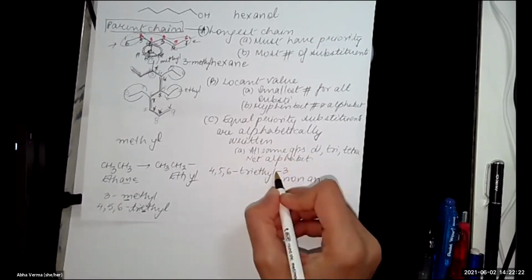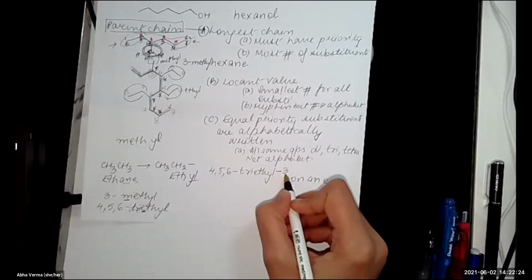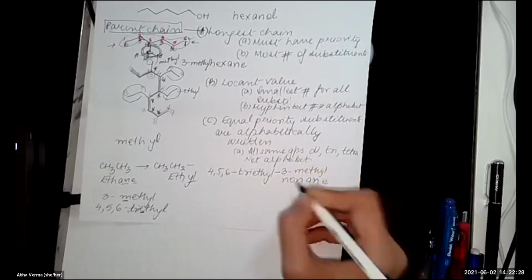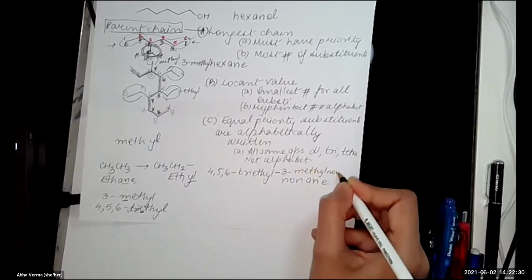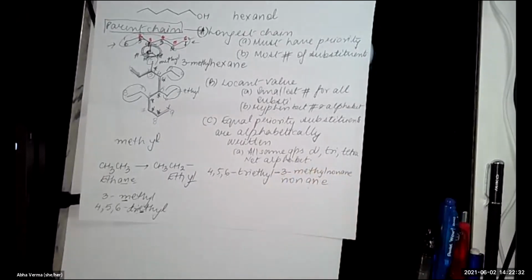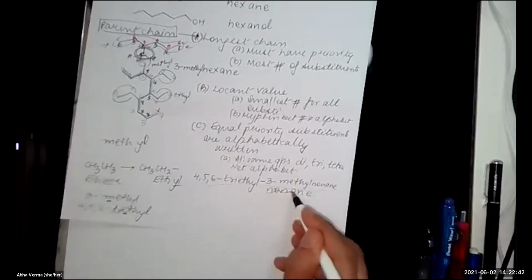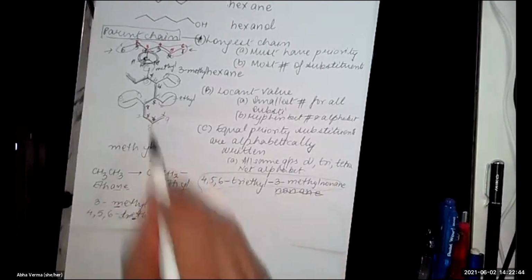So I'm going to introduce another hyphen between alphabet and a number. 3-methyl, and the nonane name will come right here. So that whole thing is just the name for that one structure? Yes, all of it is the name for this structure.